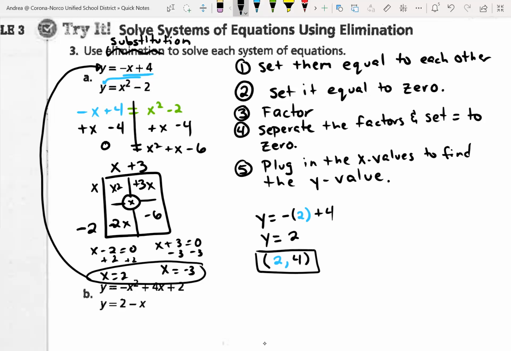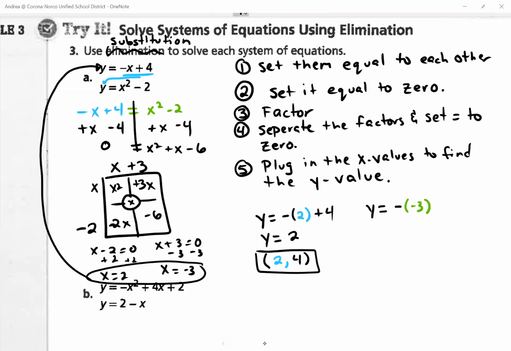We do the same thing with the negative 3. So y equals negative, oopsie, negative 3. So minus a negative 3 makes that a positive 3.